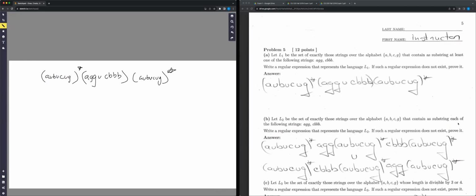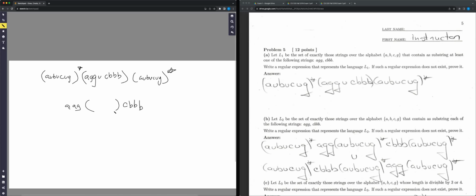This one says a substring of each of the following contains both of them, basically. Right, so we need an AAG, and we need a CBBB. We need both of them. And so let's put both of them.